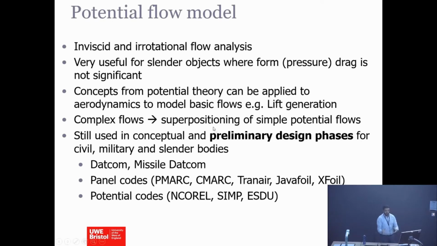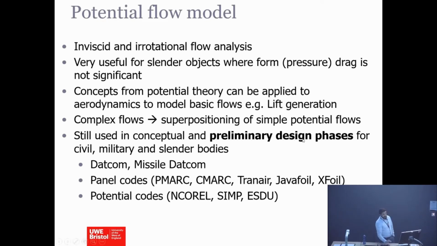So you start with a very simple solution like a uniform flow, then you add a vortex to it maybe, and you get a different flow. You add something else until you make a complex enough solution for your problem. So that's the beauty of it. You can add solutions together to make something more complex. Out of simple things, you make something complicated.